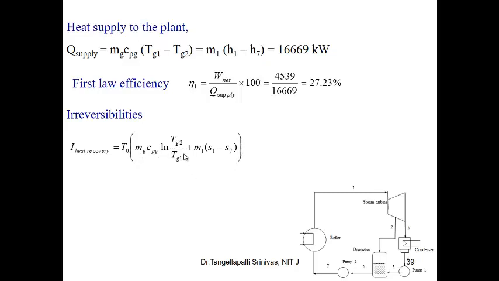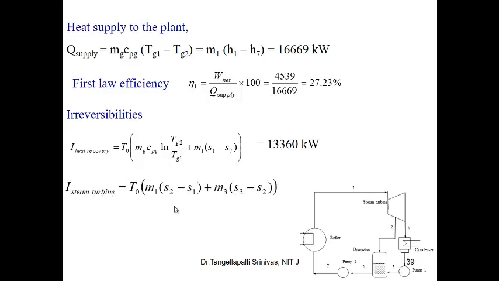Or this can also be calculated from the exergy balance: T0 into ΔS of the hot fluid plus the same T0 into ΔS of the cold fluid, that is the steam, has been determined here. It comes to 13,360 kilowatts of loss. So there is a considerable loss found in the heat recovery boiler.